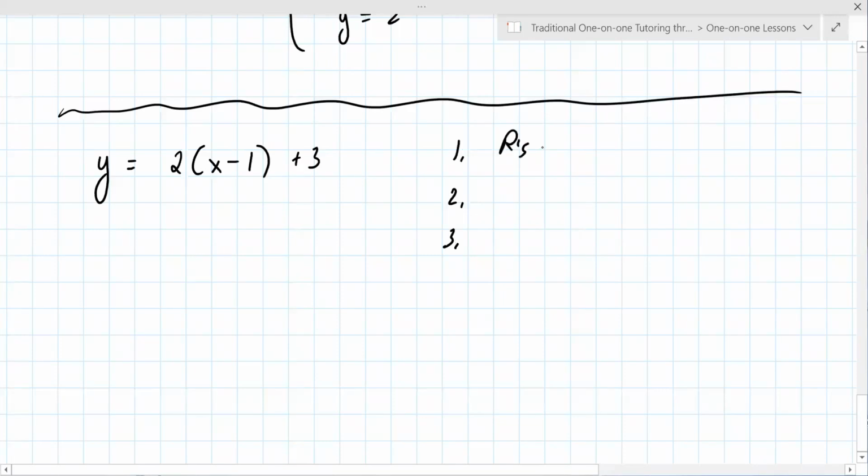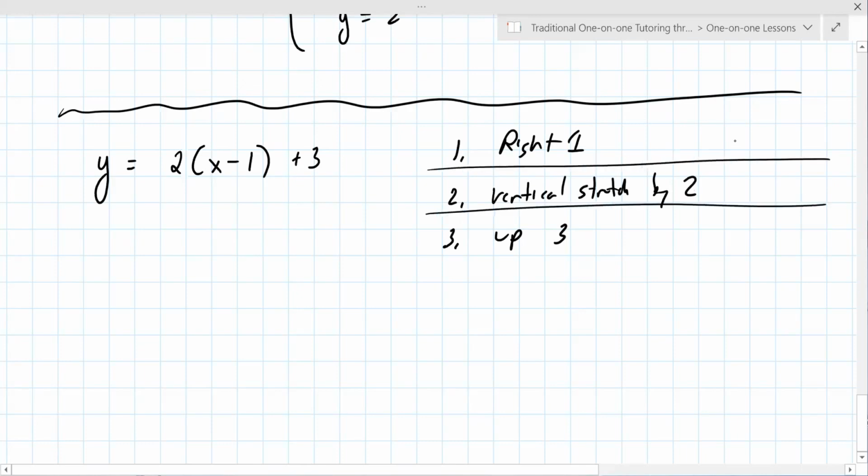Moves up vertically 3. And then you stretch by 2. Vertical stretch by 2. So this right 1 affects the x, the vertical stretch affects the y, and the up 3 affects the y. Wow. So this one really is just a straight line.